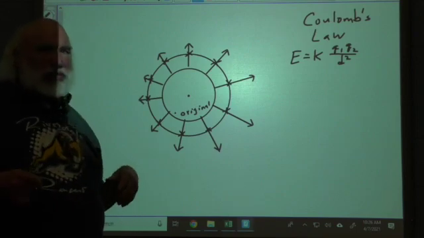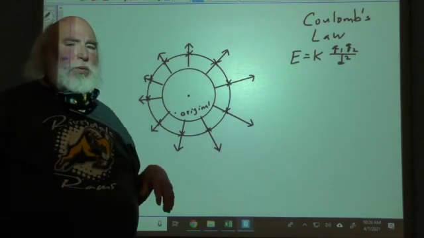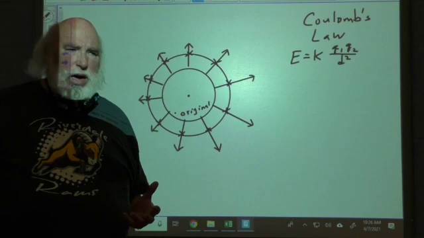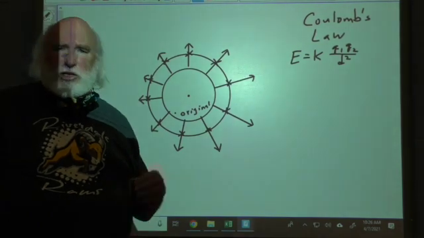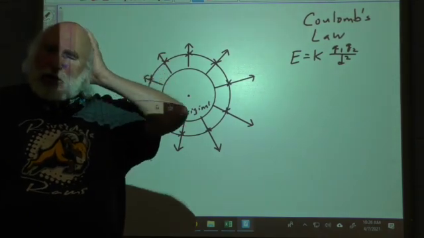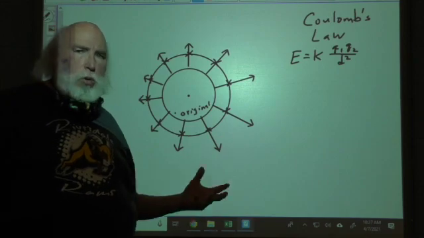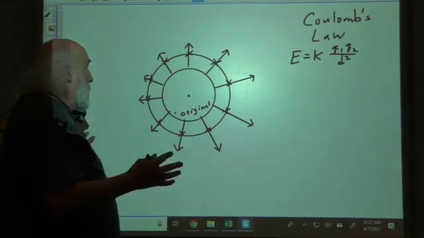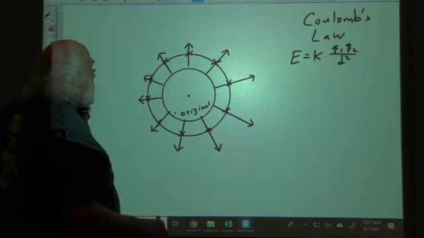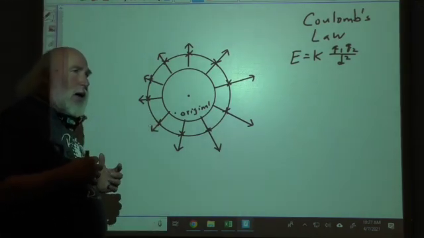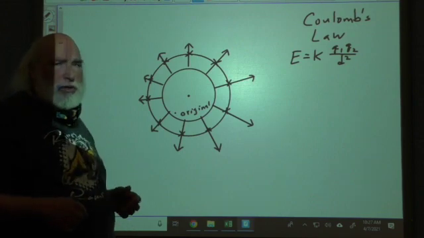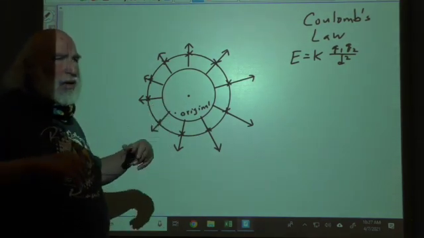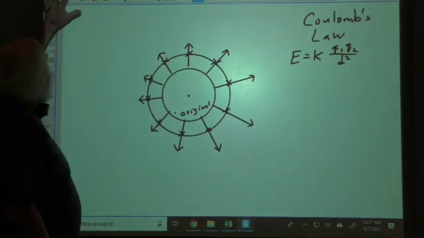Now, because we're dealing with such small charges, we have to come up with a new measurement. I mean, we could use joules and the extremely low powers of 10, 10 to the negative 19, 10 to the negative 18, or whatever it is we're dealing with, or we can reconstruct a measurement so that it's not so small.